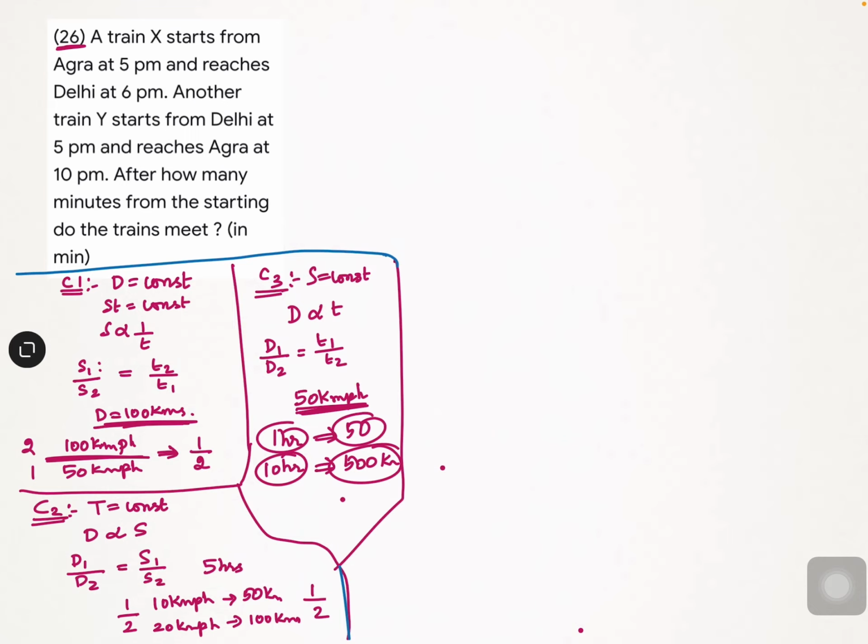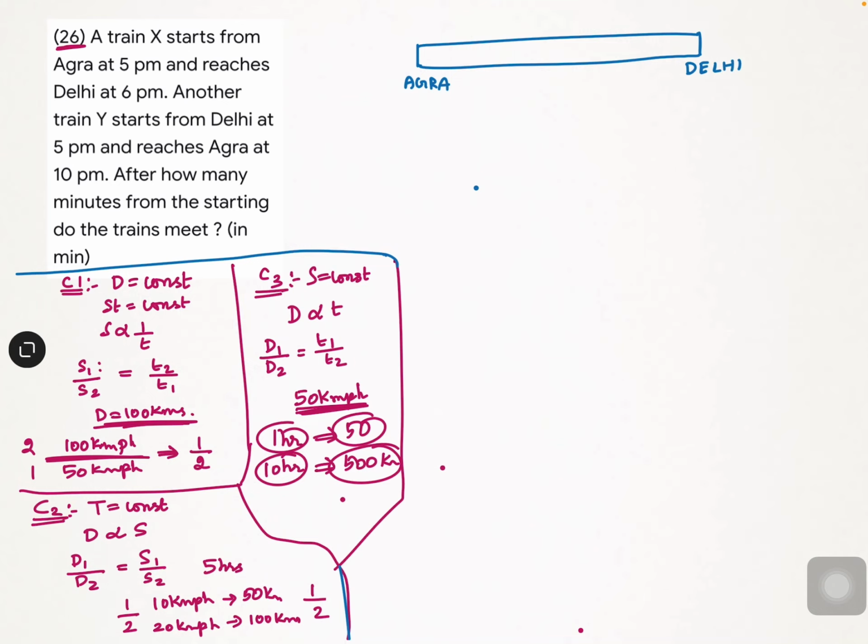First, what is the scenario that we have? A train X starts from Agra at 5 p.m. and reaches Delhi at 6 p.m. So let's call this as Agra and let's call this as Delhi.